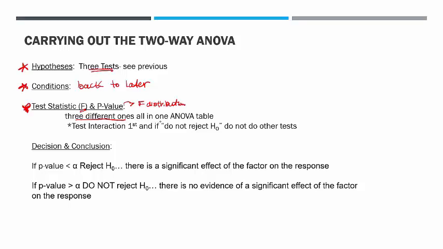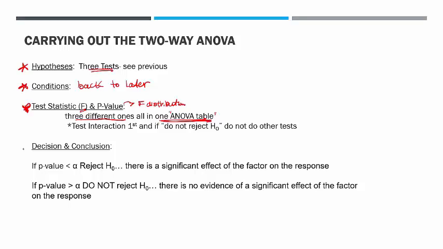But when you carry out an ANOVA analysis with statistical technology, it's all going to come out in one ANOVA table. Remember, a two-way ANOVA table is going to just have more stuff in it. Remember to always look at the interaction test first, and if we do not reject, then we can look at the results for the other tests.